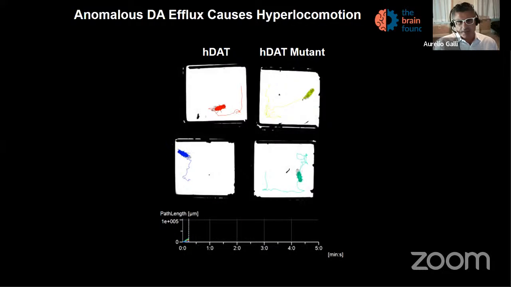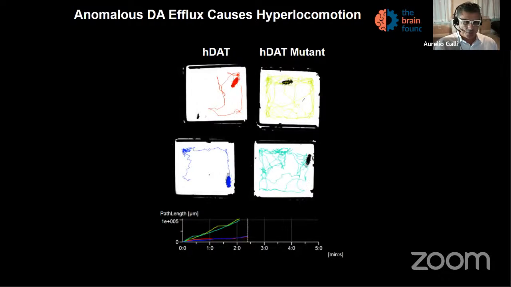You can see that the flies with the human DAT causing anomalous dopamine efflux are moving much faster. They're crossing the center of the cage much more, and they're also grooming much more than the flies just expressing the human DAT. And this is the path that the flies expressing the human DAT with the mutation are performing during this time.